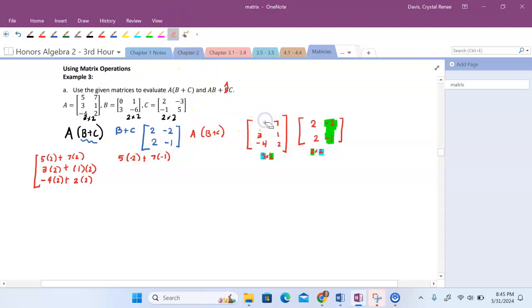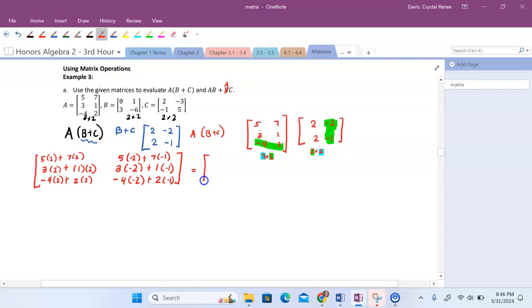Then my second row, 3 and 1, so 3 times -2 plus 1 times -1. And last, the last row of my first matrix, still in the second column, so -4 times -2 plus 2 times -1.